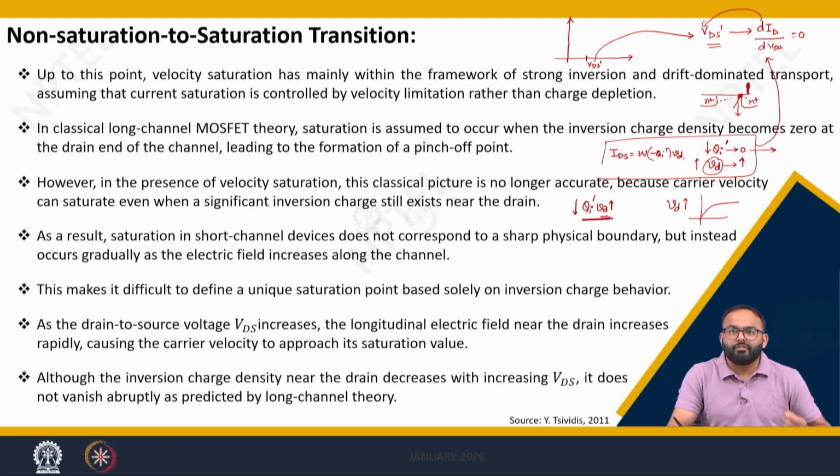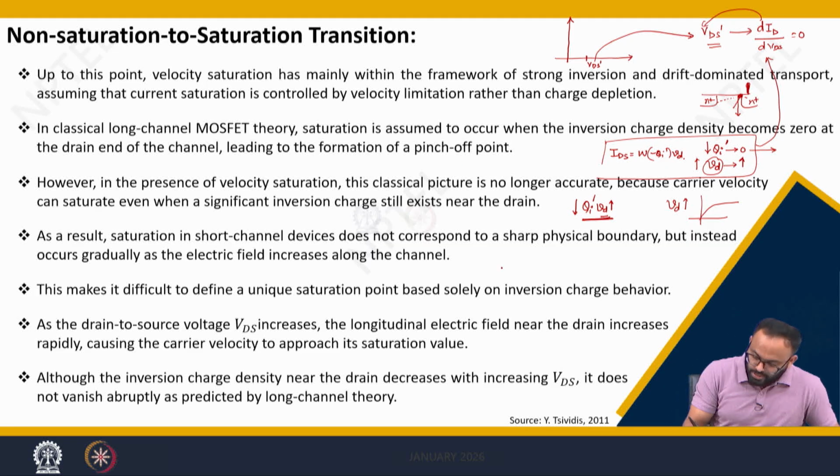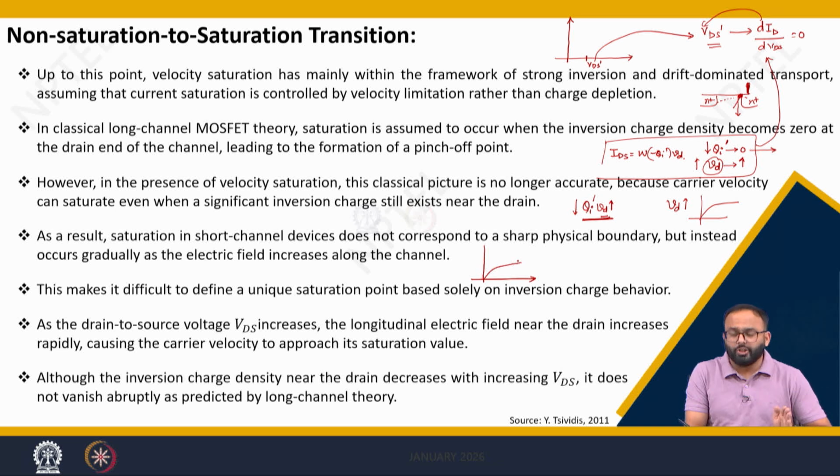This is a gradual phenomenon, and hence the transition from non-saturation to saturation is very gradual when we incorporate velocity saturation in our model. This is the reason it is really not important to find a distinct value of VDS dash, because the transition is very smooth.